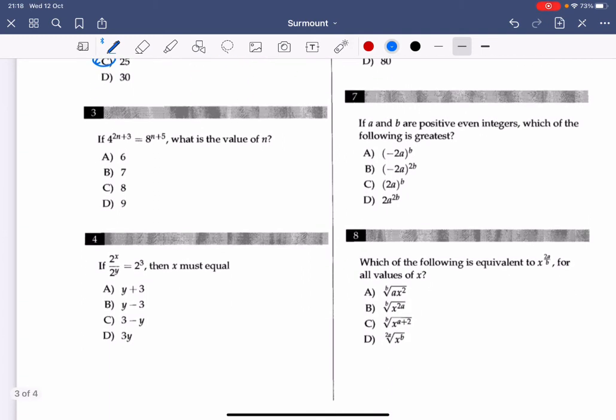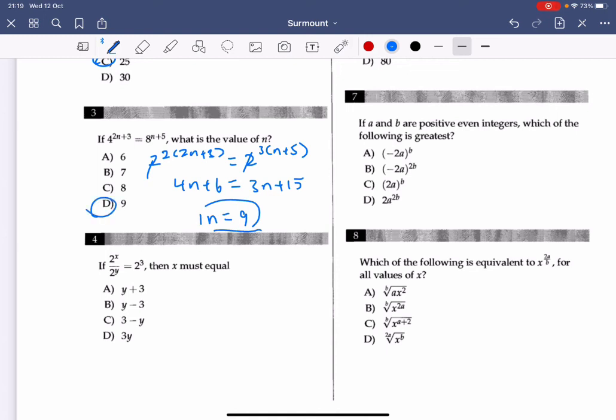Number 3, you factor out 2, so you have the same base. So you get 2 to the power of 2(2n+3) equals 2 to the power of 3(n+5), right? And now you can cancel out these bases, and you get 4n plus 6, distributing the 2, equals 3n plus 15, distributing the 3, and n equals 9.